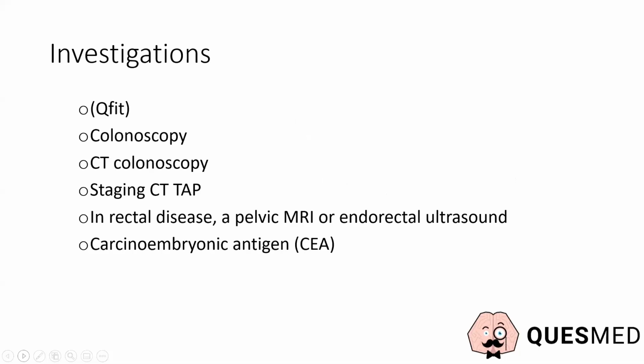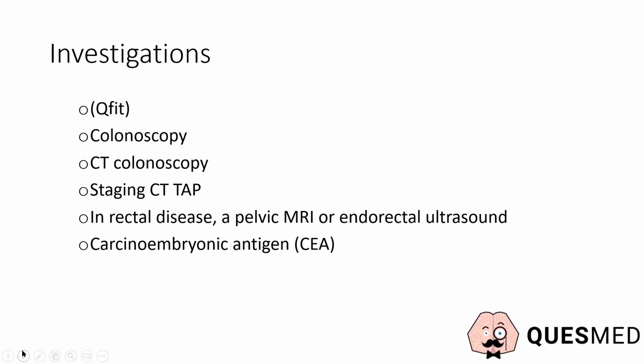So investigations for colon cancer. A QFIT is often requested by a GP, however, it's not often requested in hospital. If you have a patient with a suspected colon cancer, you want to book them in for a colonoscopy. Now, the benefits of colonoscopy are you can visualize the cancer if there is one, and you can also take a tissue sample, so a biopsy, to confirm it. Once you have histological confirmation that you have a cancer, you then want to do a CT chest, abdomen and pelvis for staging, so you want to look for evidence of distant spread.